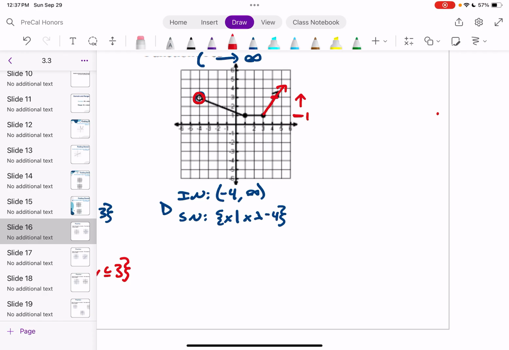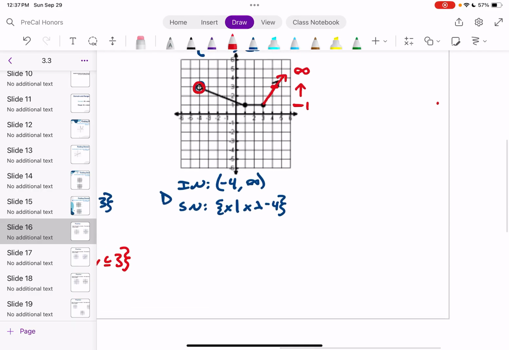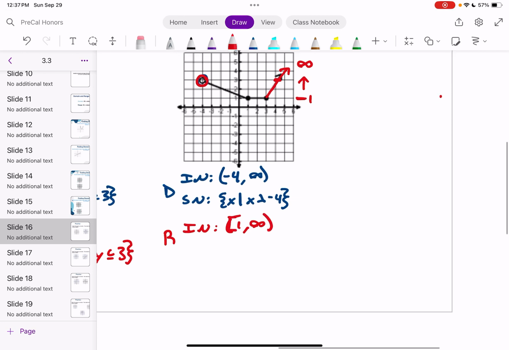So we would be able to say that we are going from 1 to positive infinity. So range in interval notation would be from 1 to positive infinity. Your 1 will have a bracket, and your parentheses would be wrapped around the infinity.